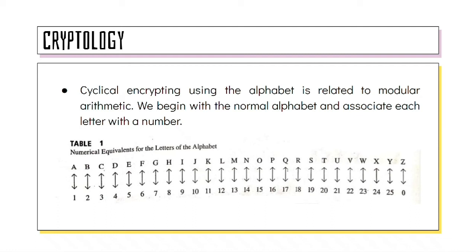This table shows the numerical equivalents for the letters of the alphabet. So A is 1, B is 2, C is 3, up until Y, whose equivalent is 25. But Z is not 26, class. It is equivalent to 0 rather.